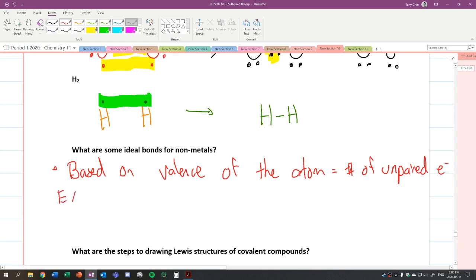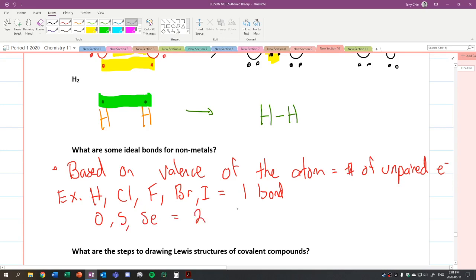So for example, hydrogen, chlorine, fluorine, bromine, iodine just needs 1 bond. Oxygen, sulfur, selenium will be 2 bonds. Nitrogen, phosphorus, arsenic will be 3 bonds, because they have 3 sets of unpaired electrons. And lastly, carbon, silicon will be 4 bonds.